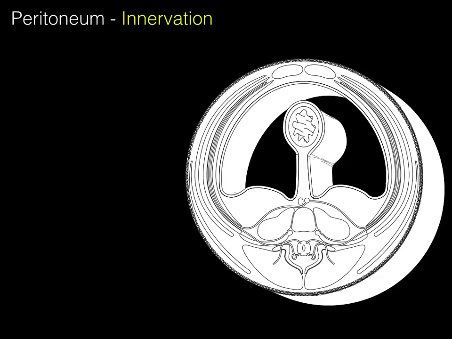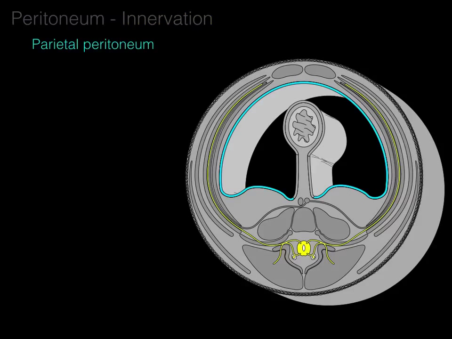So here we have this cross section again, and there's our parietal peritoneum. Now, notice yellow is this intercostal nerve coursing within the walls segmentally, from thoracic and abdominal cavities.